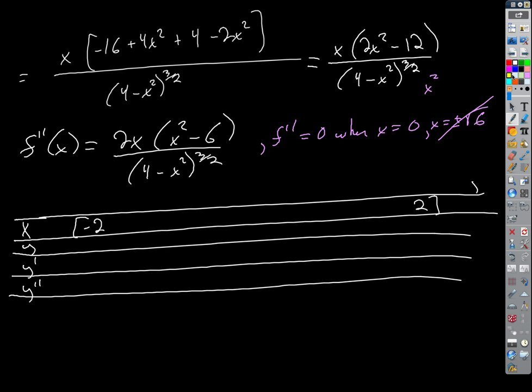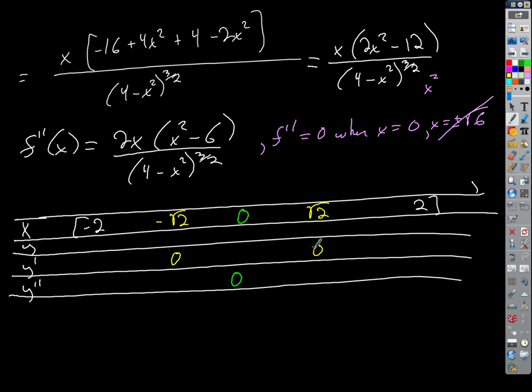Plus or minus square root of 2? So we got negative radical 2, positive radical 2, and then we got a second derivative critical number at 0. So if we want to find everything, what would we do then? You kill 2 birds with 1 stone here, right?